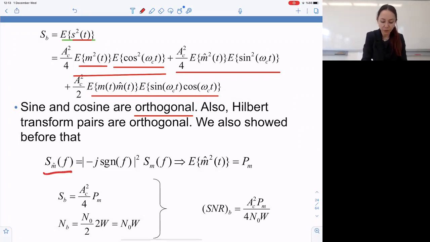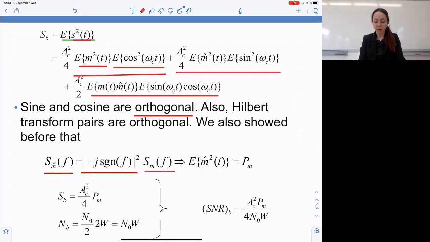So from that, we can find the output PSD, the PSD of m hat in terms of the PSD of m as the following. And of course, when you square the signum, you get unity. That's why m hat has the same power as the message. So the message m and its Hilbert transform have equal power, which is not surprising at all.